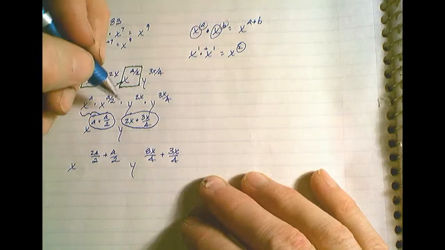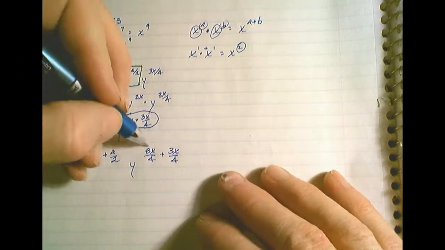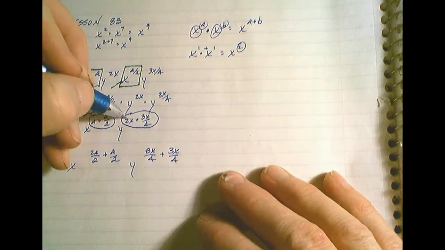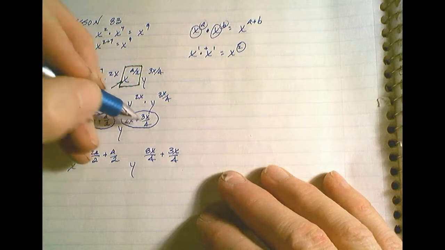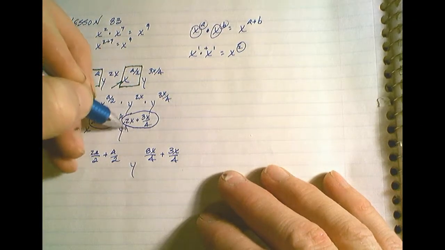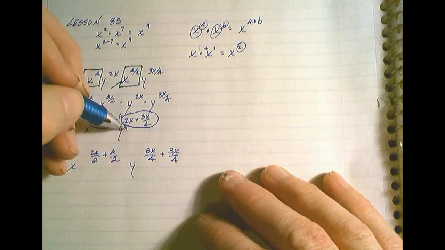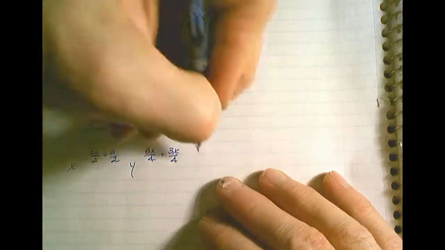So, just for those of you that are having a little bit of a hard time following me, this 8x over 4 came from 2x. We needed a common denominator of 4, so we multiplied the top by 4 and the bottom by 4. So 4 times 2x is 8x, and we have a 4 in our denominator.